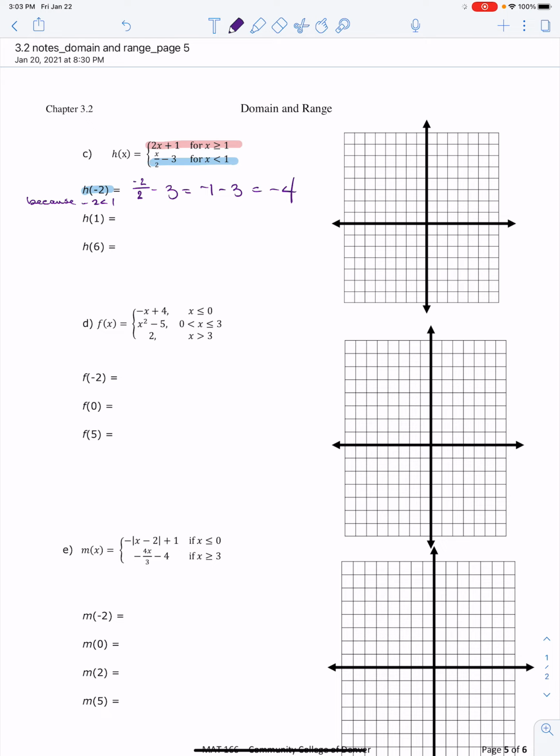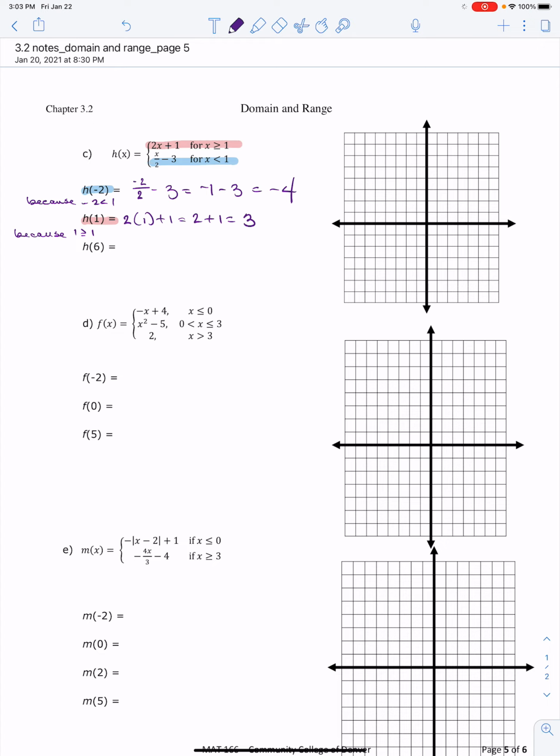Second one, h of 1. That definitely lies in the pink part of the domain because 1 is greater than or equal to 1. So we use 2 times 1 plus 1. We get 2 plus 1, which is 3.